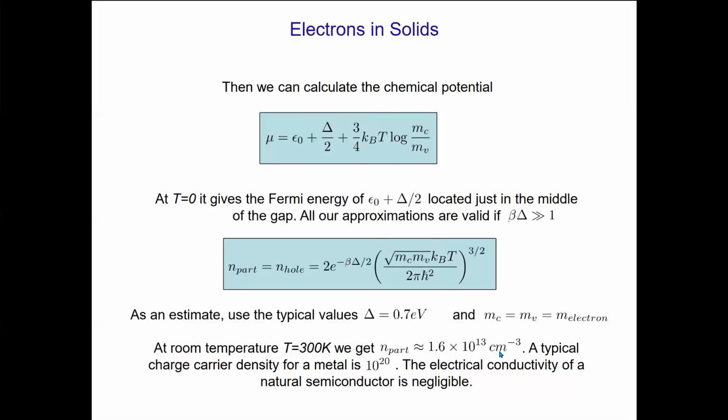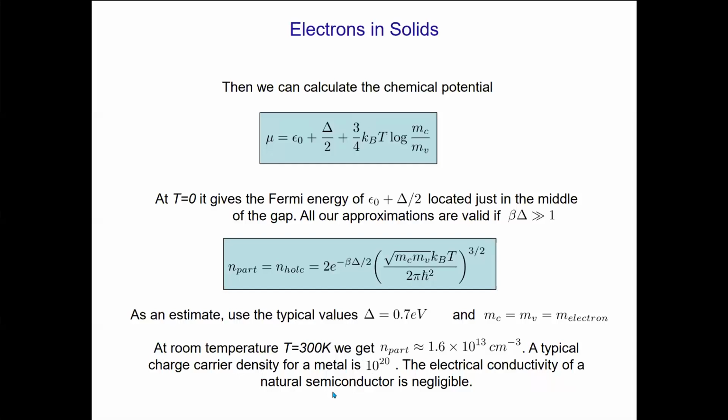Okay, but a typical charge carrier density for a metal is 10 to the 20. So the number of particles which can carry charges is 7 or even more orders of magnitude less than in the metal. So the electrical conductivity of a natural semiconductor is really negligible.